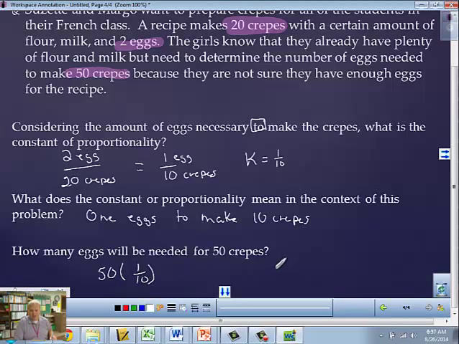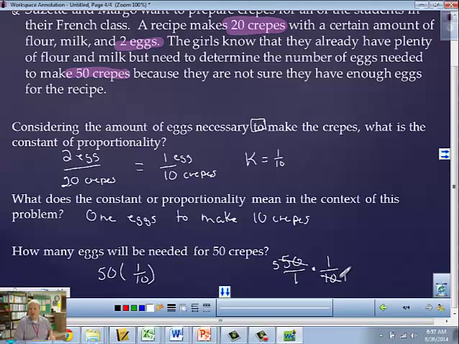Well, let me show you something really cool when you multiply fractions. I'm going to make 50 a fraction by putting a 1 under it. Now remember, I can cross reduce. What is the greatest common factor of both 50 and 10? Well, 10 divided by 10 is 1, and 50 divided by 10 is 5.